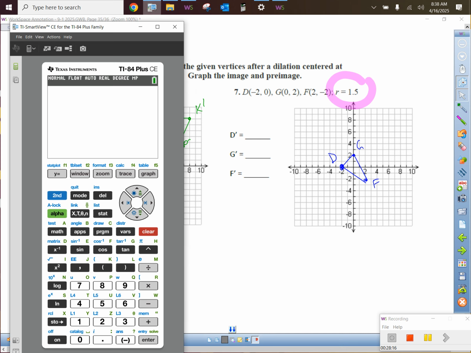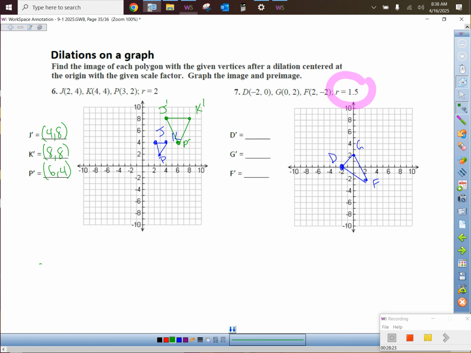So -2 times 1.5. And that still came out pretty nice to -3 in that case. So just do that. Looks like they keep using 2's or -2's, so they're always going to turn into 3's or -3's. And then graph that guy. And he'll be an interesting little picture. He got 1.5 times bigger.